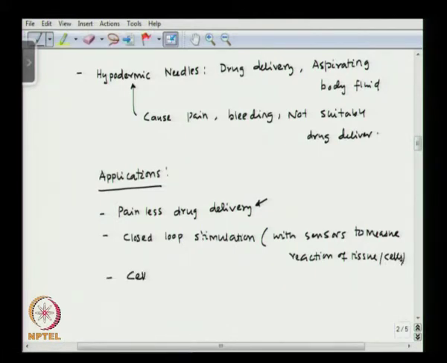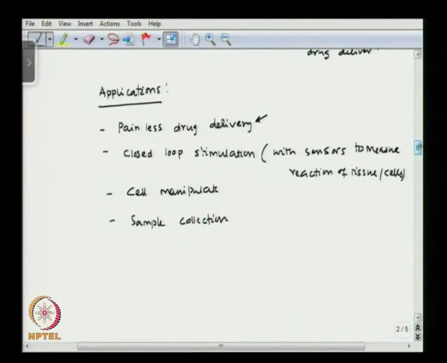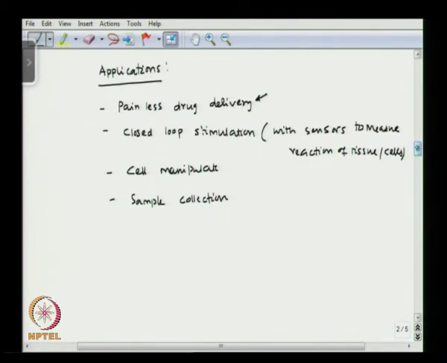Then it can be used for cell manipulation, to move cells from one location to another. It can also be used for sample collection, for collection of biosamples. Now, what are the design considerations? We look at design considerations.